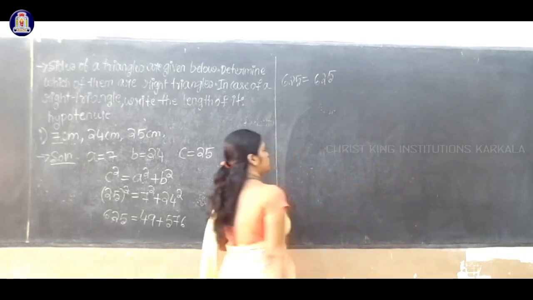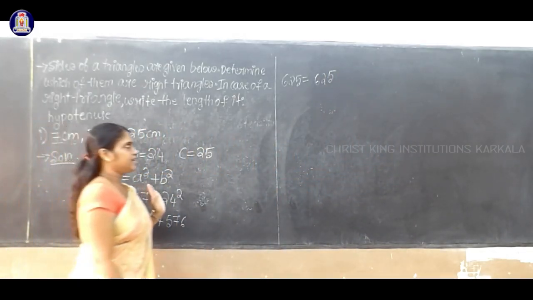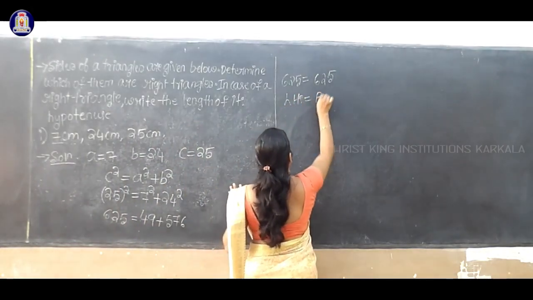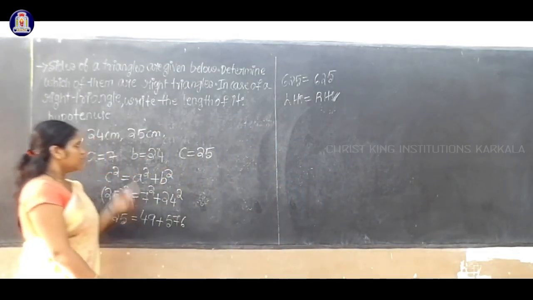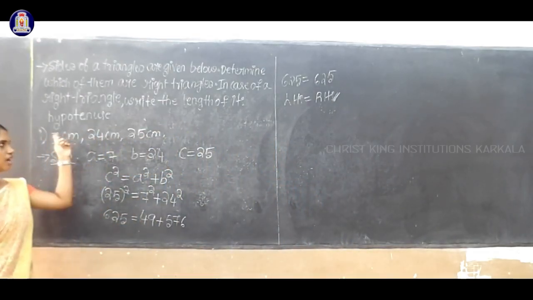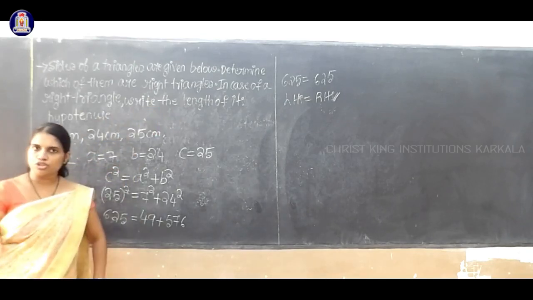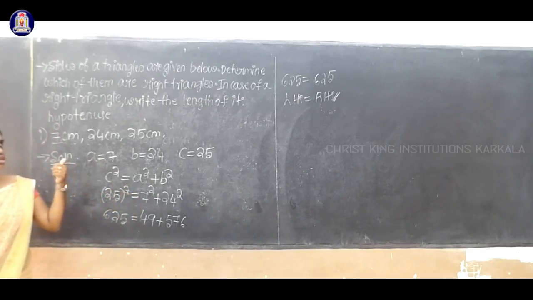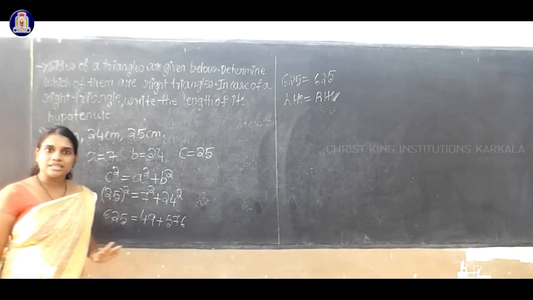So you will get 625, right? Therefore left hand side is equal to right hand side, isn't it? So LHS is equal to RHS. Can I say these three form a right triangle? Yes. Since LHS value is equal to RHS, it follows the Pythagoras theorem. So I can say that these three form a right triangle.